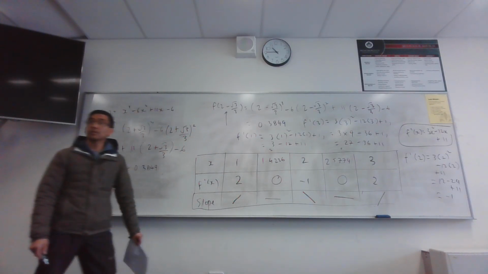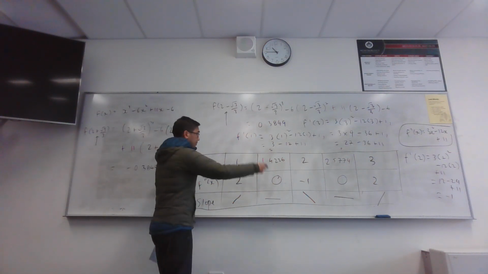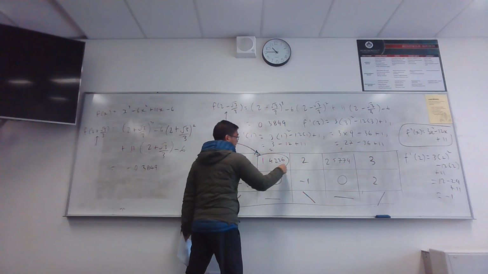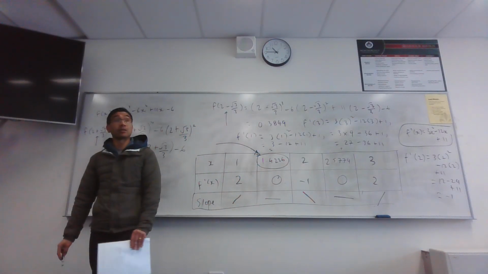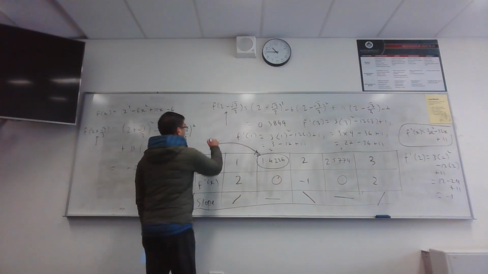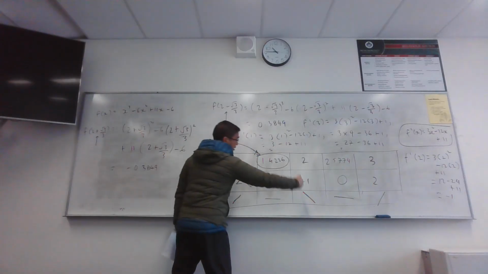Okay. So what is this guy right here? What's the nature if I'm looking at all my gradients along the way? It's a maximum. It's a maximum. Because it's going like that.